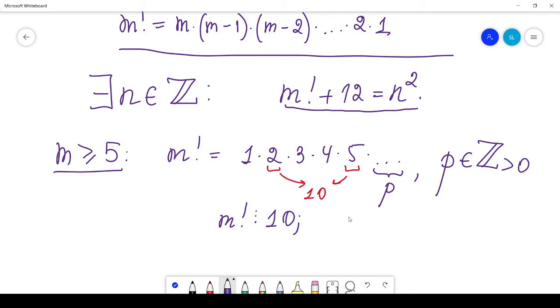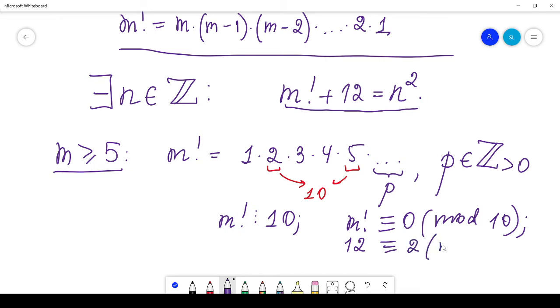So in other words, m factorial is congruent to 0 mod 10, which is the same as saying that 0 is the last digit of m factorial. Not only that, the last digit of 12 is 2.